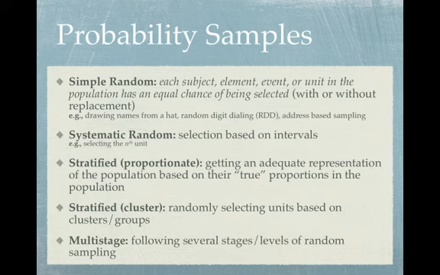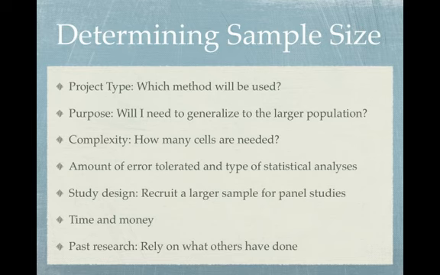From these cities, we can randomly select certain neighborhoods. So it goes on. It doesn't have to be 4 stages, it could be 5 or 6 or 7. So it's basically randomly selecting at every level of our selection procedure. So these are examples of probability samples.